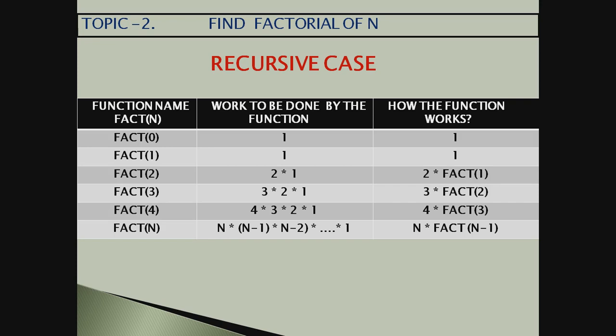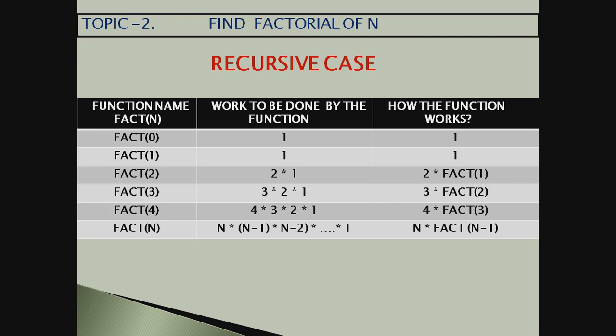But how is the computer going to do the work? The computer is to use n into fact n minus 1. So n into fact n minus 1 means what? If you see the lines above, you will well understand how we got that given expression n into fact n minus 1.